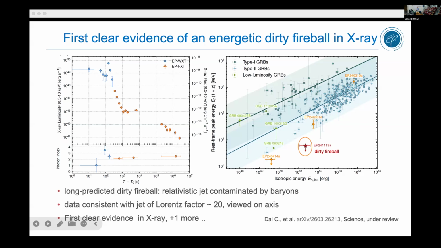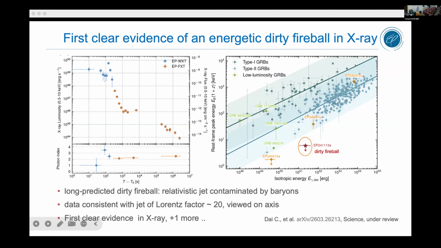From the plateau to decay, the break, the authors can derive the Lorentz factor of this jet. They think it's consistent with a jet of Lorentz factor about 20, viewed on axis. So this is the long-predicted dirty fireball feature, which is a relativistic jet contaminated by baryons.